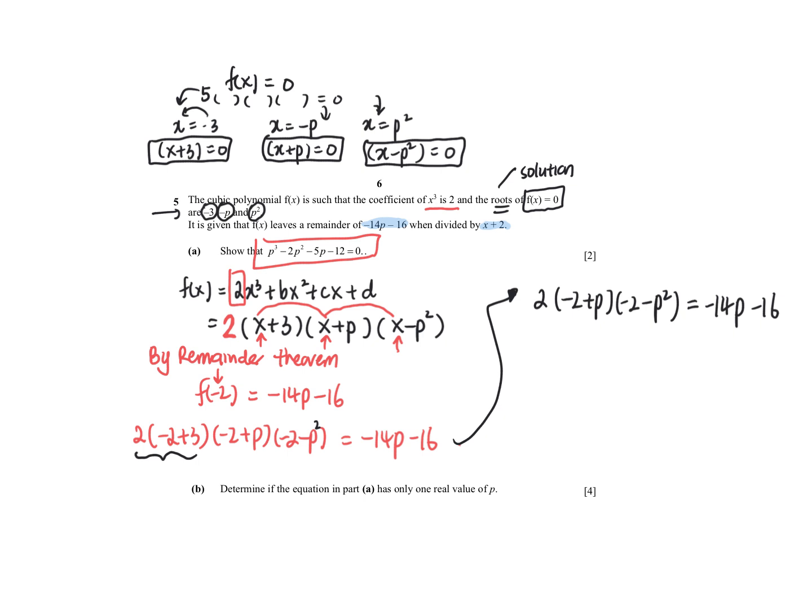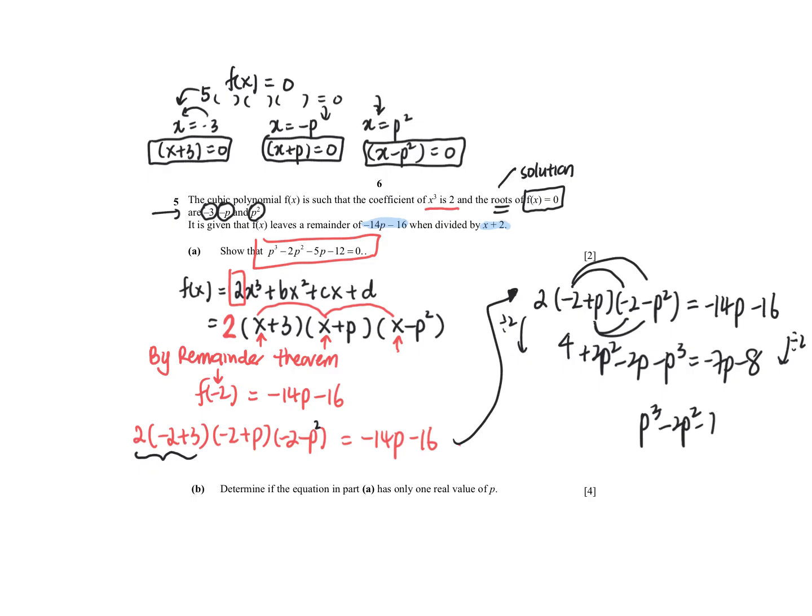Okay, so this one I go and expand for 2p square minus 2p minus p cube. Then this one I just divide by 2 throughout. Okay, fully shift everything to the other side. Minus 2p square plus 2p minus 8 minus 4.